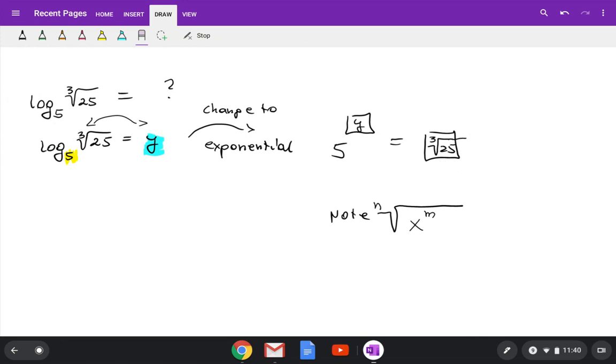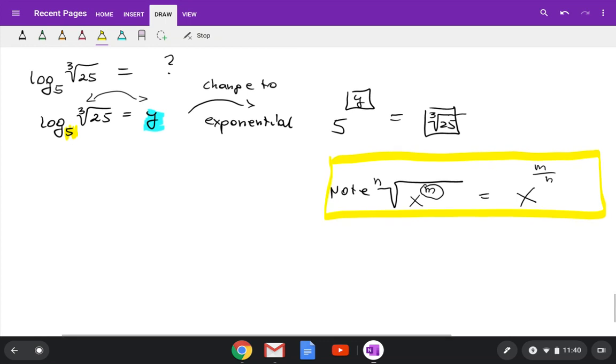Okay. So you can use that the radical can be written as an exponent which is a fraction. So this is the same as x to the power m over n, where the numerator is m. Very useful, guys, especially with exponents.